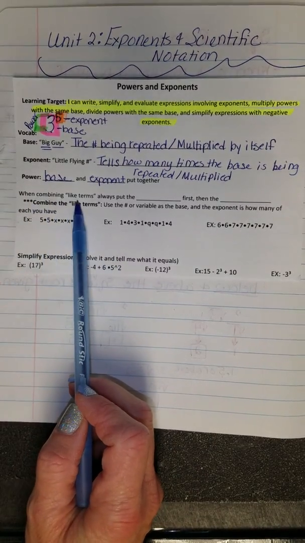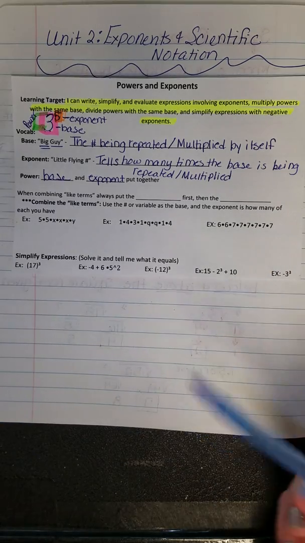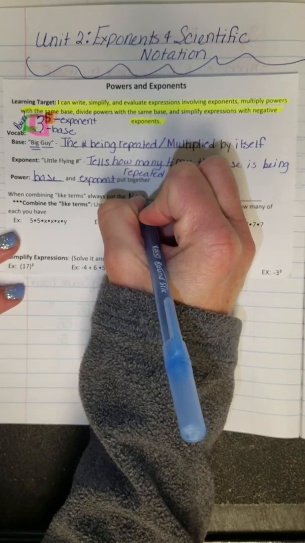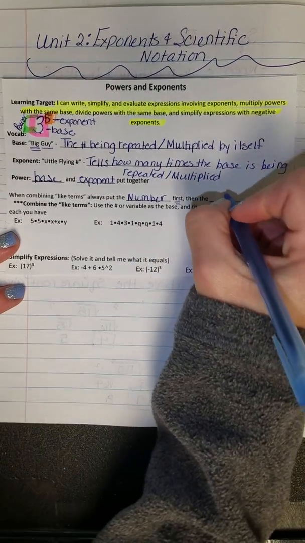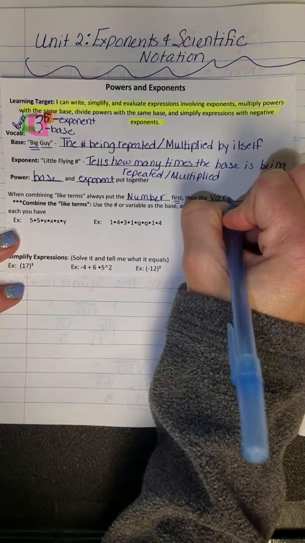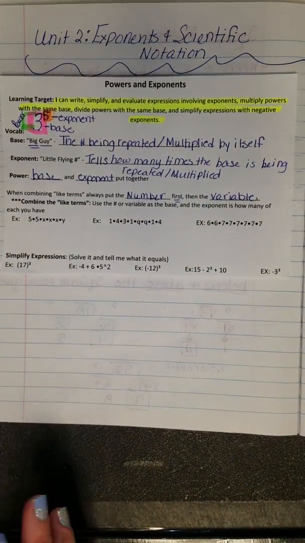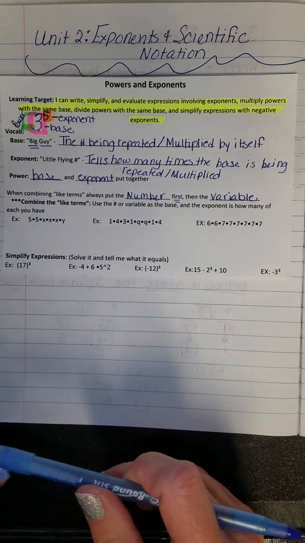When combining like terms, like terms have to be things that are the same. So when we're combining like terms, we always want the number first and then the variable. And I know you guys have heard this in your other math classes before. If it's 5x, you're not going to say x5.